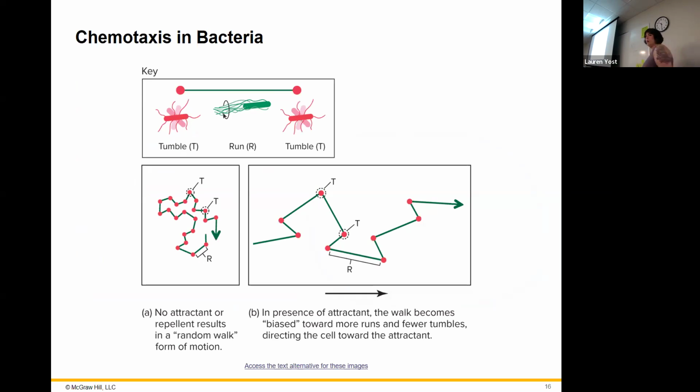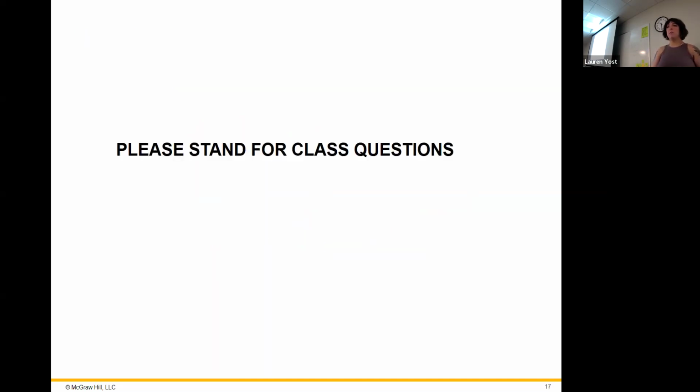If there's nothing to attract it one direction or another, then they can just move randomly and it will look very random. But if they are attracted to something, then they're going to have a biased movement based on how they're using their runs and their tumbles to get in a general direction, not in a straight line, but generally in that direction. That's the idea. That's the best you get.